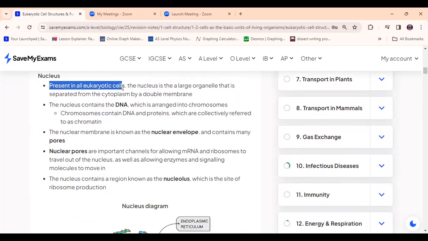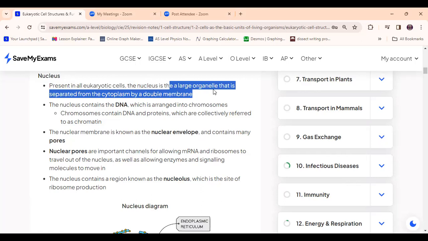Anyway, moving on. Next, we've got the nucleus. The nucleus is present in all eukaryotic cells, and it is what differentiates eukaryotic cells from prokaryotic ones, because it is present only in eukaryotic cells. So what is the nucleus?